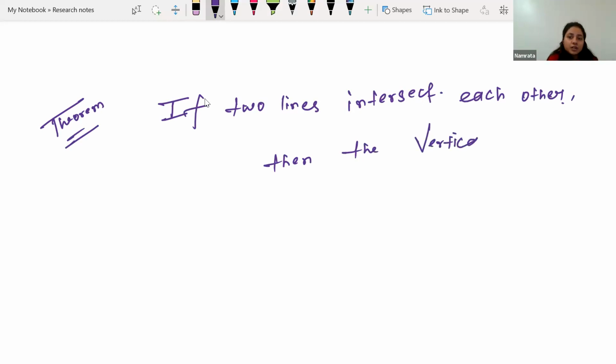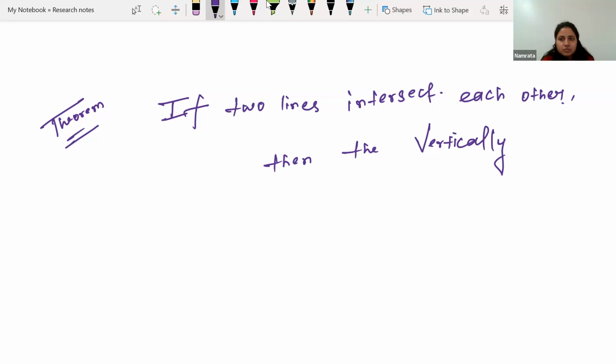We know about vertically opposite angles, but from this chapter, rather than these theorems, the most important part is the questions which are based on this theorem.